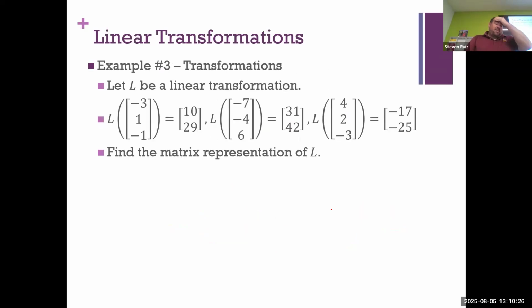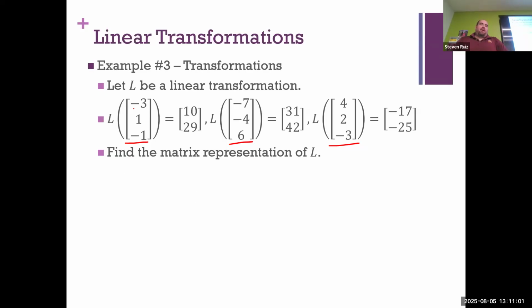So now we're going to deal with a basis that's not standard. The basis vectors now are basically what I'm acting on. So I'm telling you L is a linear transformation, and I'm telling you three operations that this transformation does.